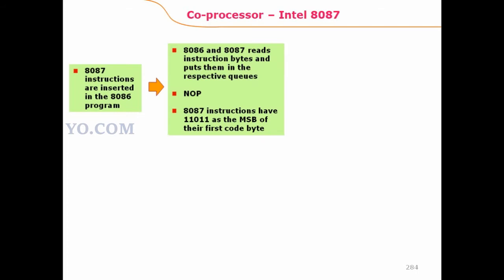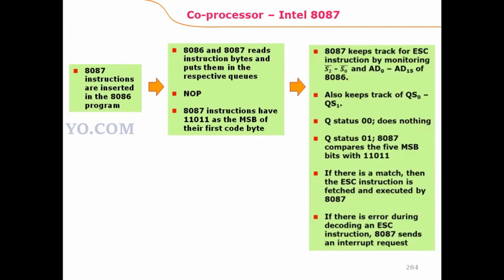Then the 8087 instruction has 11011 as the MSBs of its first code byte. So an 8087 instruction is identified by 11011.